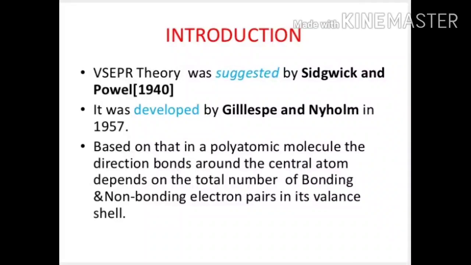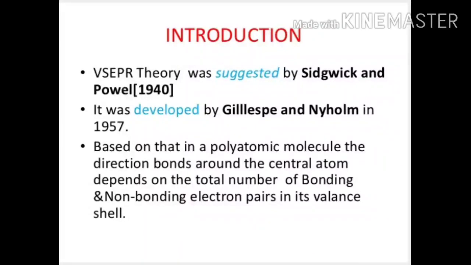Therefore, in this video, we will discuss a new theory, the VSEPR theory, which successfully explains the shape or geometry of different molecules and how they are arranged in space around the central atom.